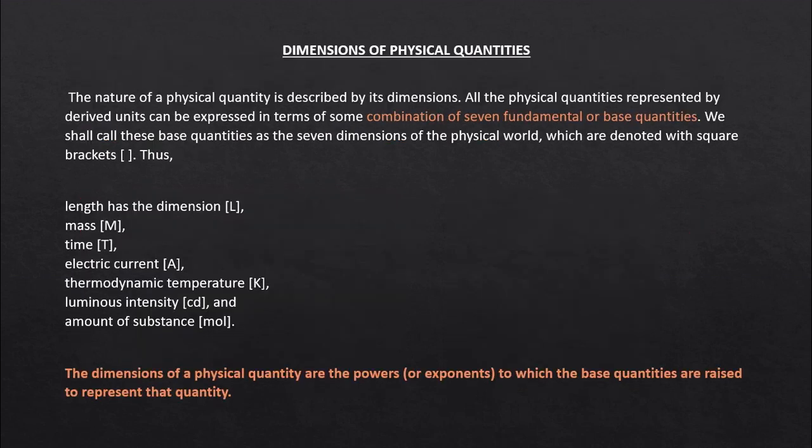Now since this study is regarding the dimensional analysis, let's get back to the dimensions. What are the dimensions of the physical quantities? The nature of a physical quantity is described by its dimension. All the physical quantities represented by derived units can be expressed in terms of some combination of 7 fundamental or base quantities.